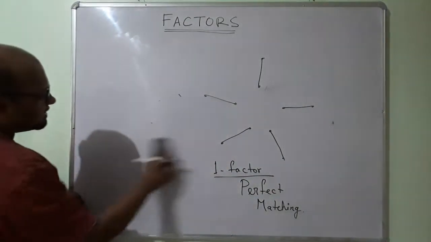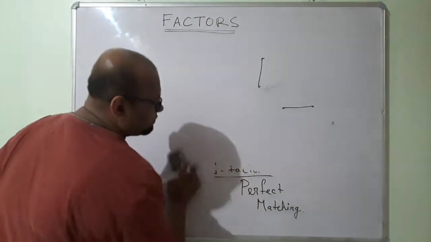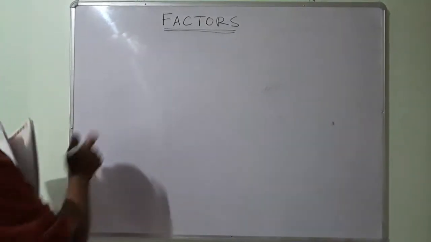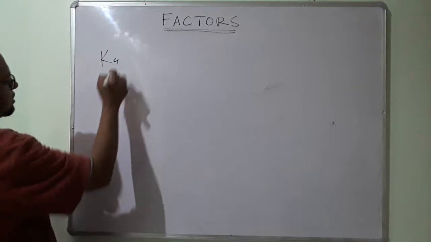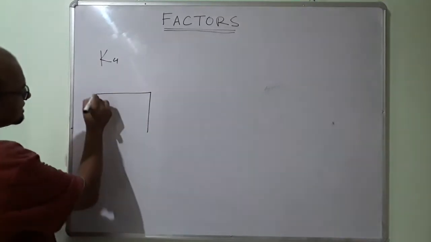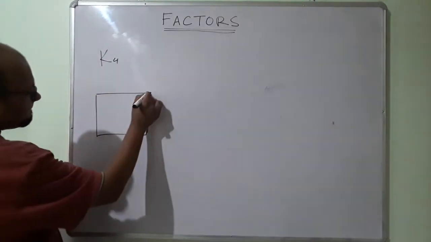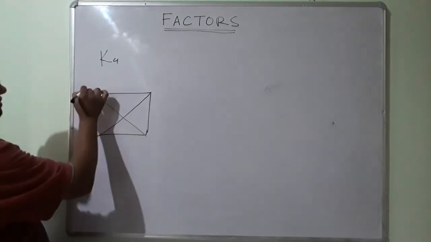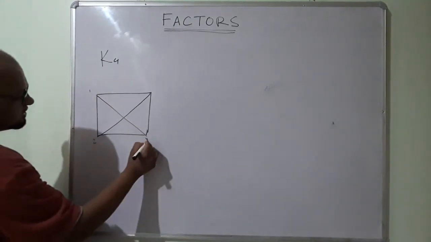Let us look at another graph now. Let us look at K4. Okay, I have K4. So K4 is this, right? So these are 1, 2, 3, 4 vertices.